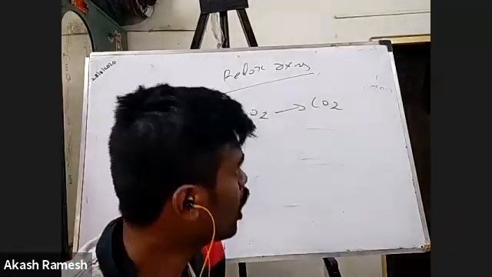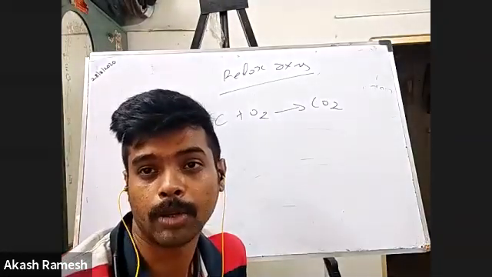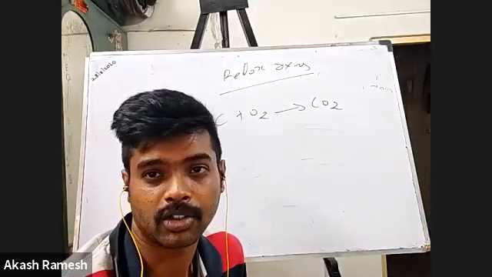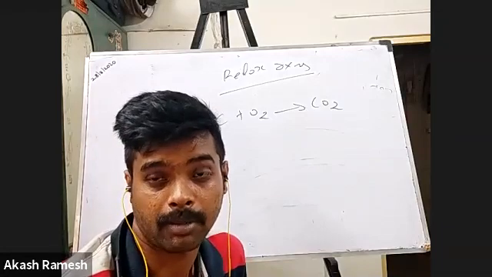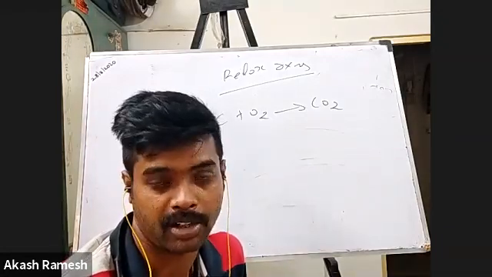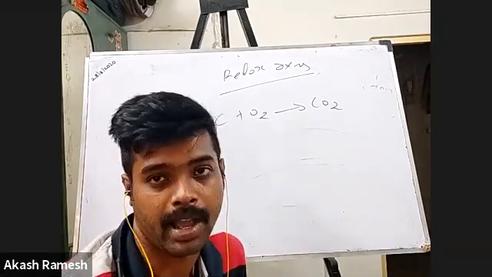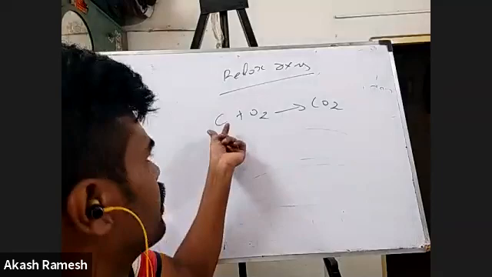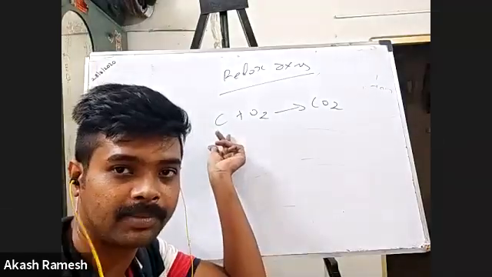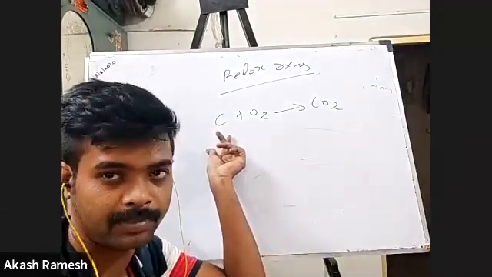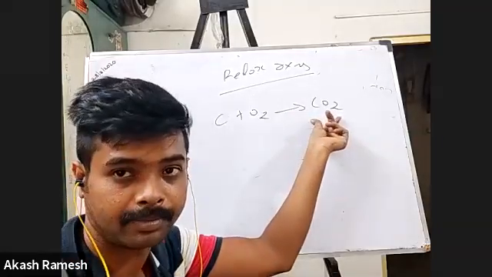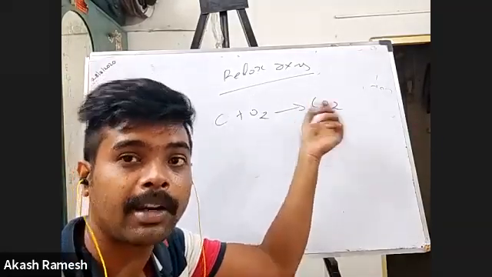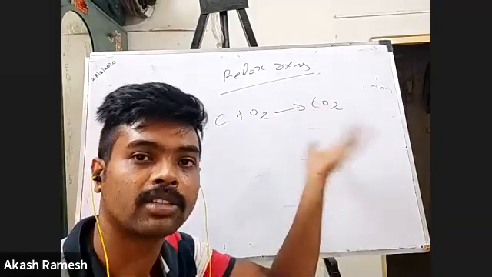Now, how do I prove to you that this particular reaction is not only an oxidation reaction, but a redox reaction, that is, reduction and oxidation? Carbon in the reactant side didn't have any oxygen, but in the product side, carbon has gained oxygen.